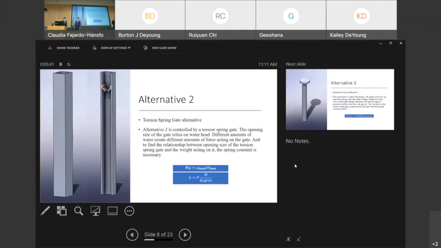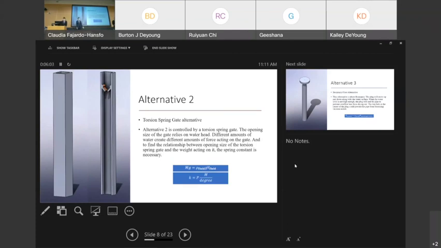And here comes our second alternative. We call it the torsion spring gate alternative. It's controlled by a torsion spring gate. The opening size of the spring gate is based on the water head. If the water level is high, then more weight from water is applied on the spring gate to create a larger opening size.